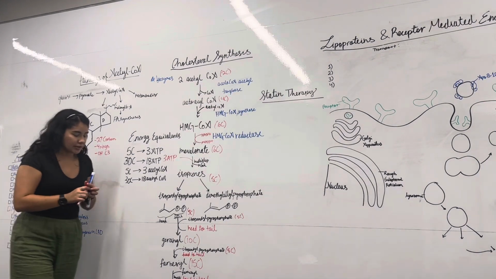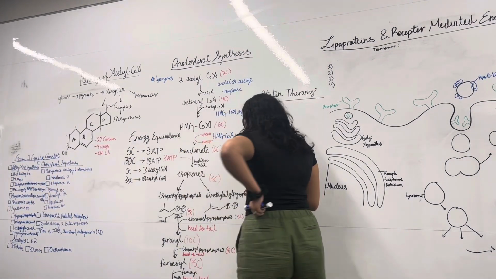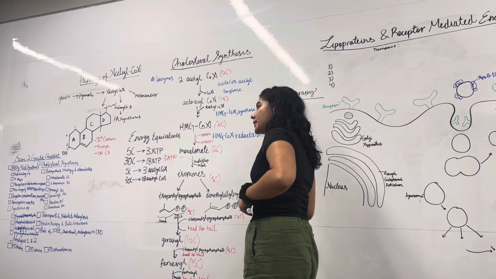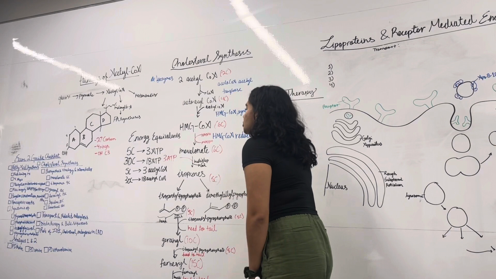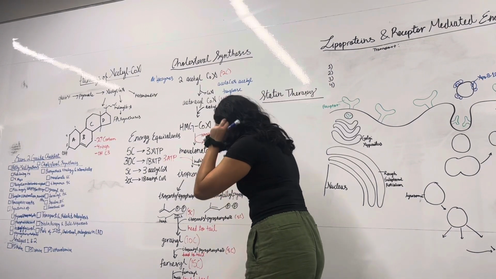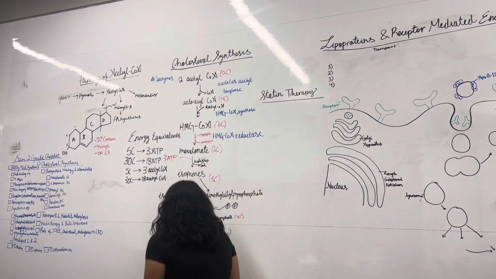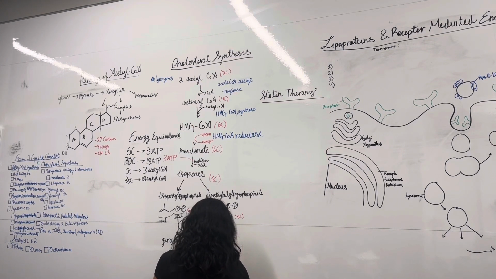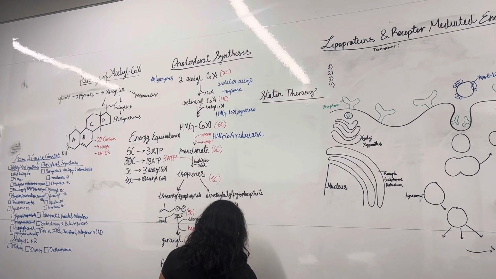I think that was also in the quiz. It was like, which intermediate has 30 carbons and has the oxygen group at position number 3? That would be lanosterol. So, 30 carbon intermediate with oxygen at C3.